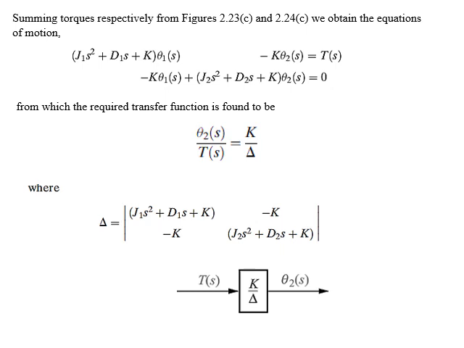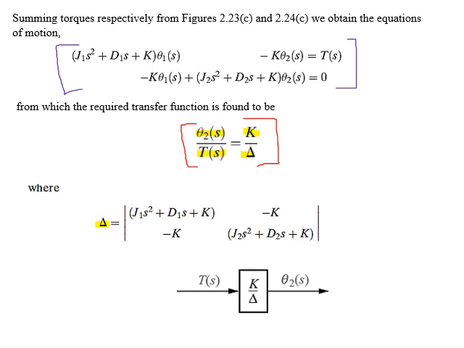The first equation is associated with the first test point, where the second equation is associated with our second test point. Now the desired transfer function can be found with any appropriate method. Here we have used Cramer's rule again. So θ2(s) over applied torque will be equal to K over Δ, where Δ is defined here.